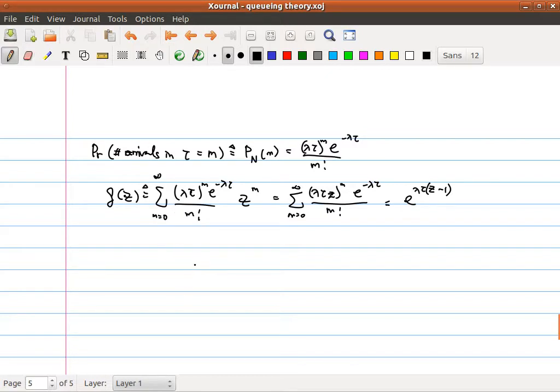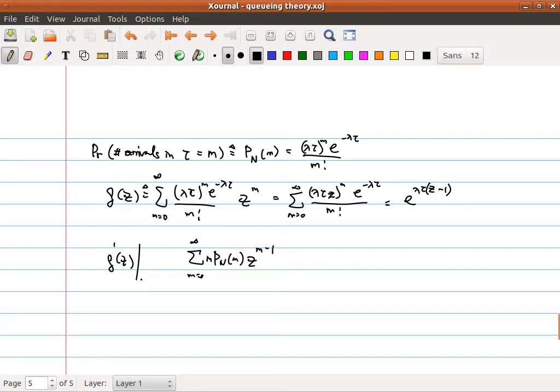So I will have the sum over m from 0 to infinity of m times p_n(m) z to the m minus 1.